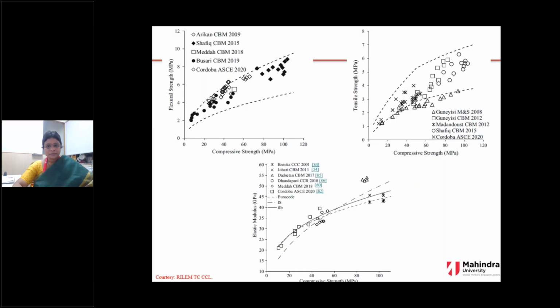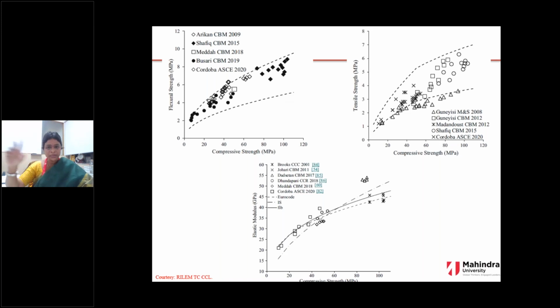And this graph shows, the top left one shows the tests carried out by different people comparing the strength of OPC as well as LC3, and you can see that all these values fall in the range of the OPC.